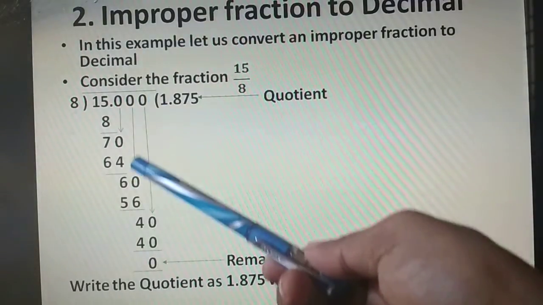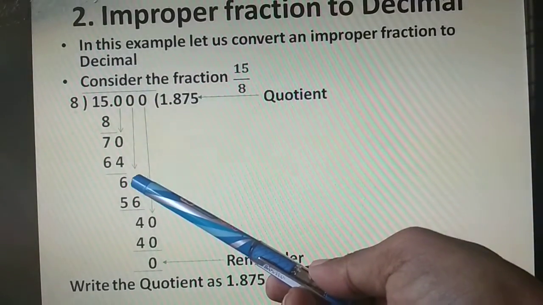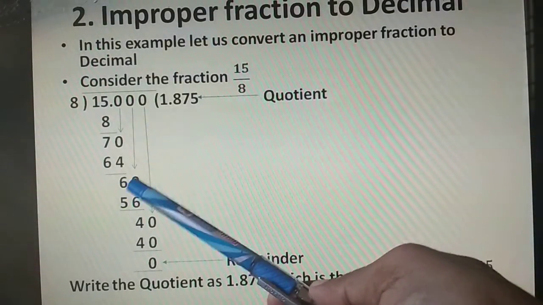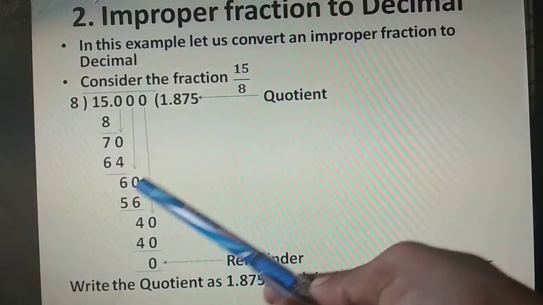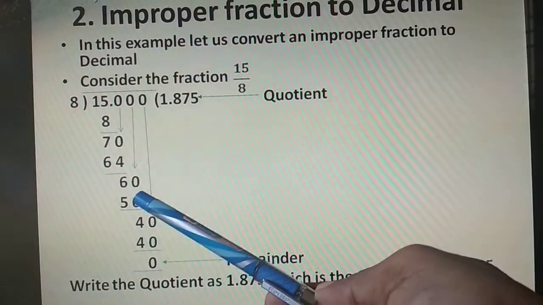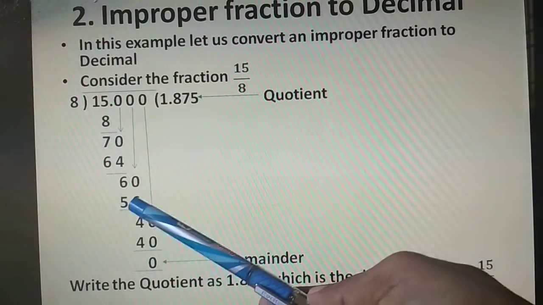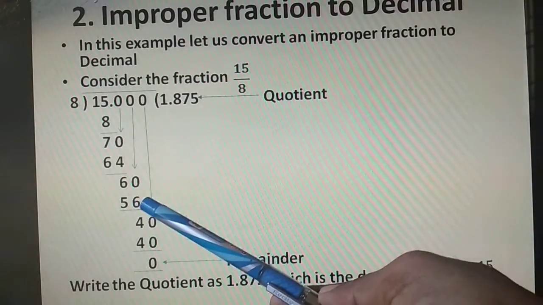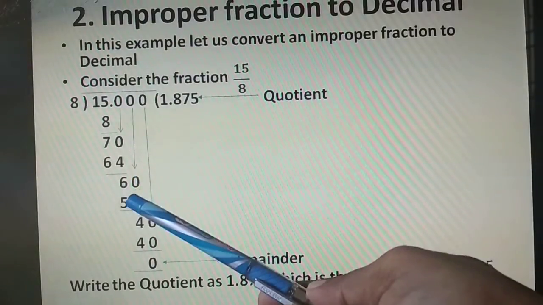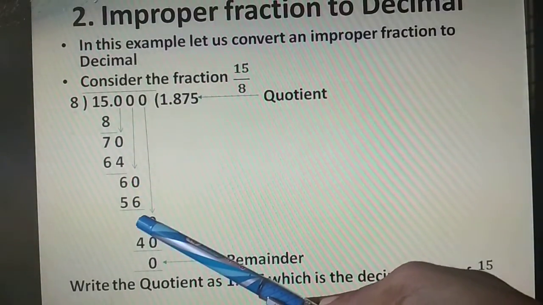Bring down the next 0. It becomes 60. Then what happens? How many times will 8 go into 60? From the tables of 8, 8 7s are 56. So you subtract 56 from 60, and you will get 4.